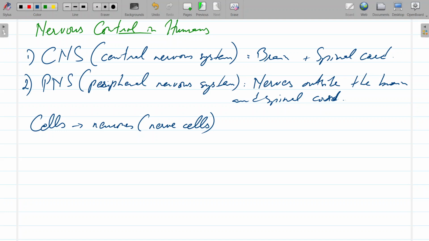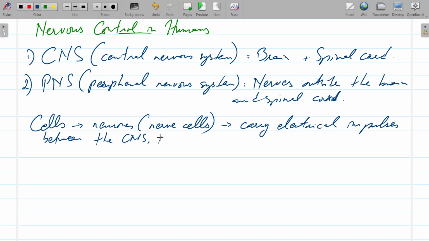And what they do is that they carry electrical impulses between the CNS, PNS, the receptor, and the effector. So we'll talk about all of that.